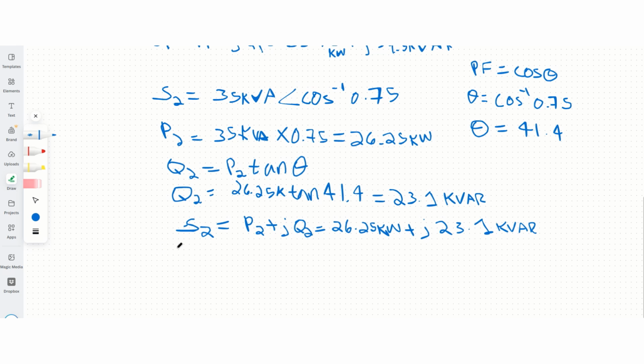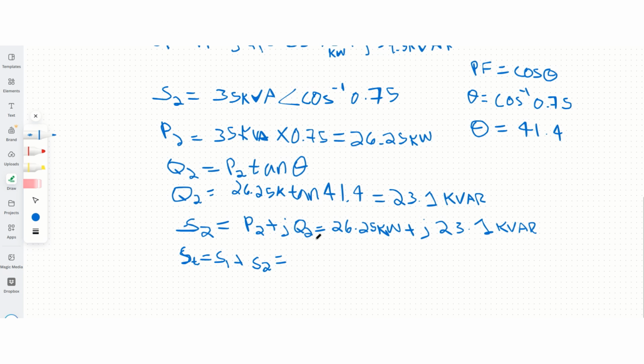So now we need to get the total apparent power. The total apparent power is S1 plus S2.